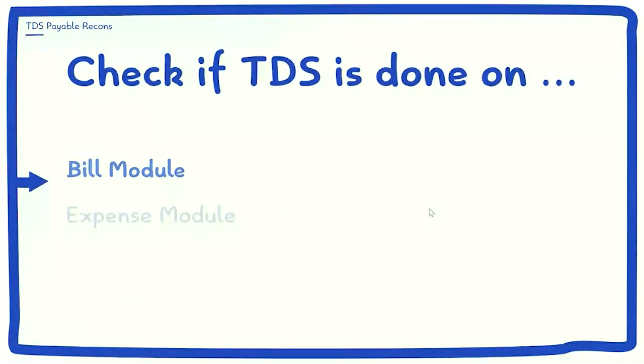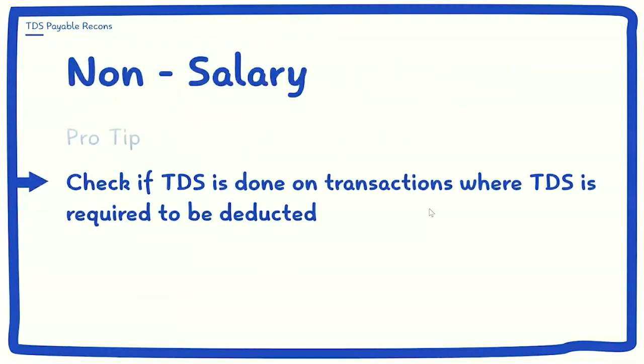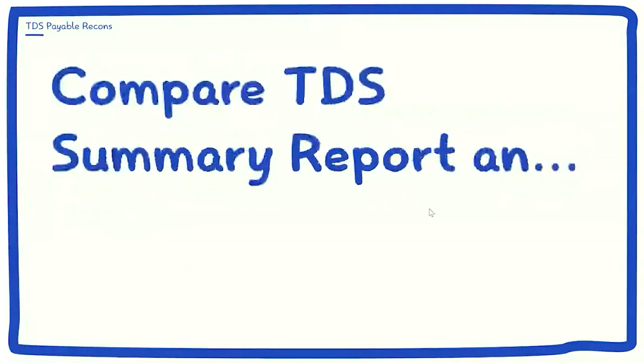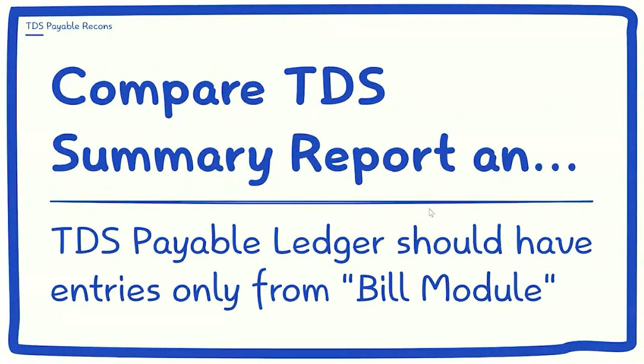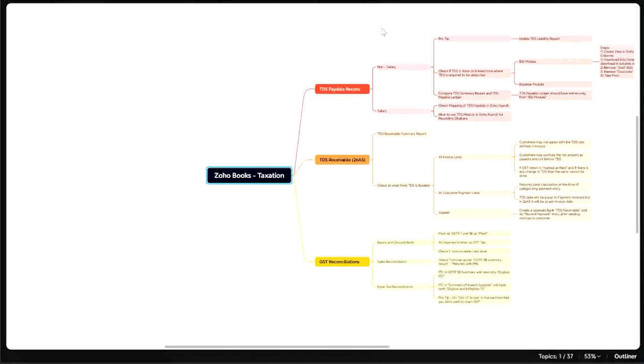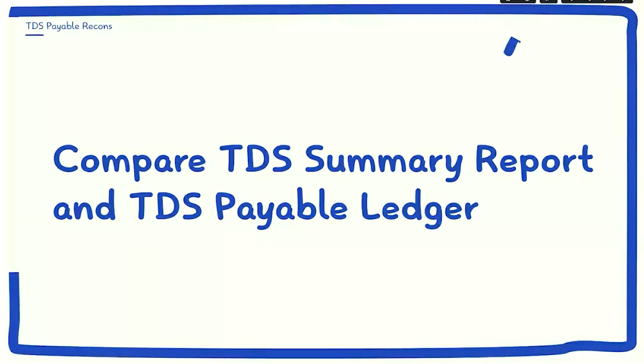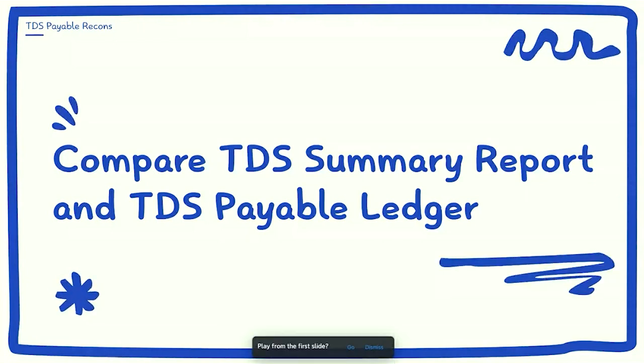So we'll move ahead. That was your expense module that was discussed. Now second is compare TDS summary report and TDS payable ledger.